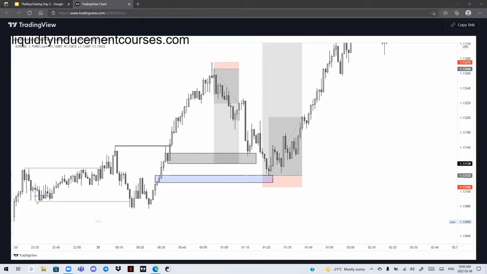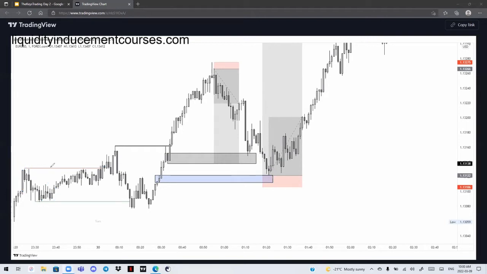And it's confirmed as a structure low only because it broke this high, because this was the previous high. So then it's confirmed that this here to here is a structure. This is the high, and this is the low of the new structure.